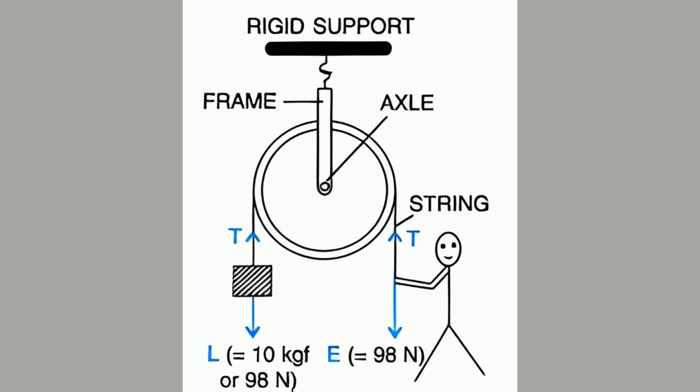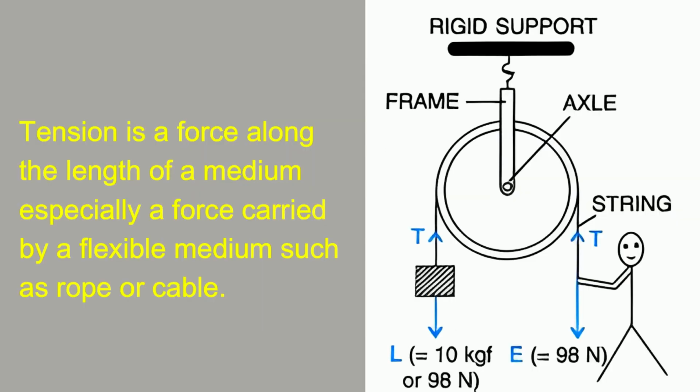Students, we know that whenever a string is stretched, tension acts upon it. What is tension? Tension is a force along the length of a medium, especially a force carried by a flexible medium such as a rope or cable. So in this case as well, as the load is attached to the end of the string and the load is towards the downward direction, an equal amount of force, which is called the tension, is acting in the upward direction.